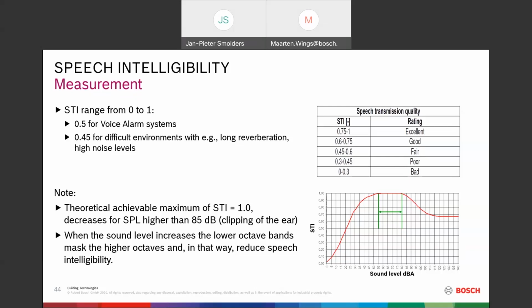You can see that in this graph. Previously they thought that from 55 dB it would be a straight line, with the ear reaching an intelligibility index of 1, but that's not true. So they have adjusted it, matching this graph.